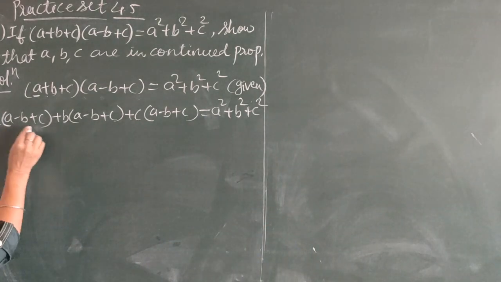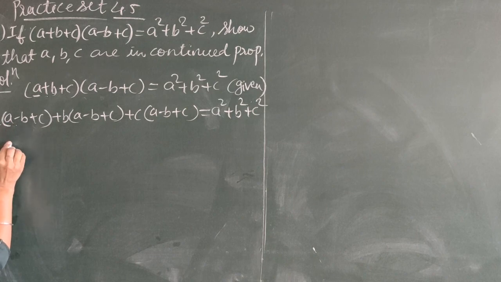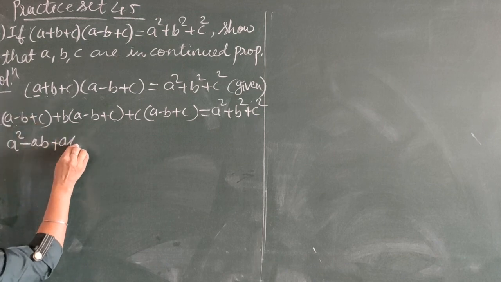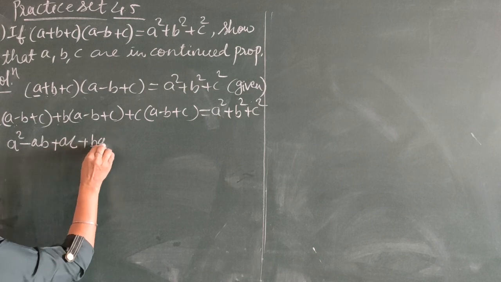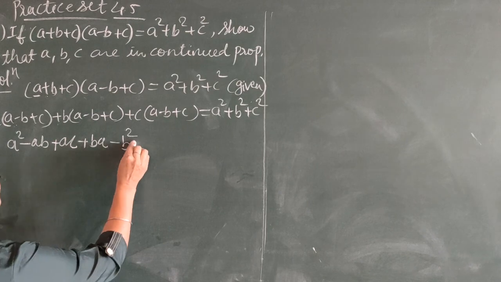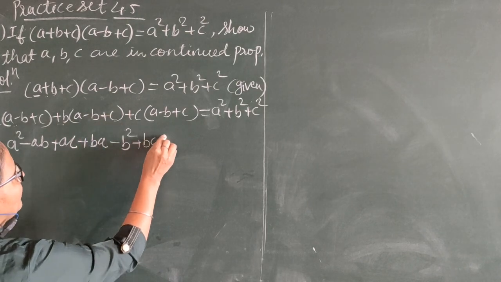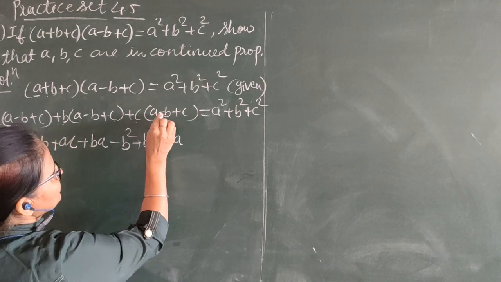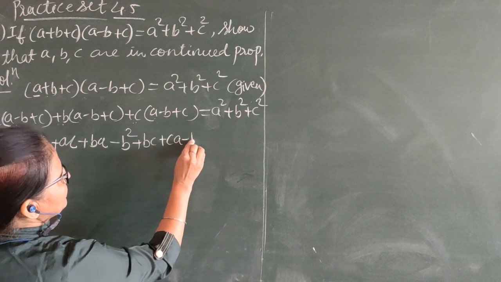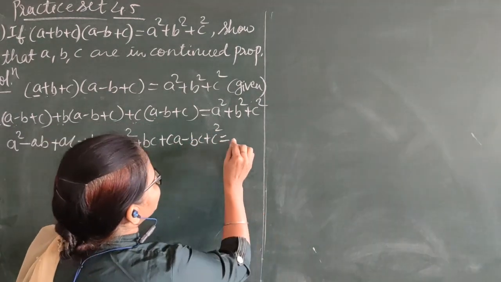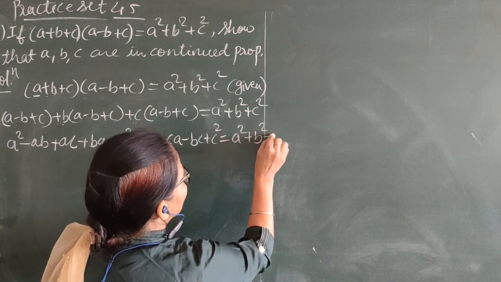Multiply properly: a square minus ab plus ac, plus ba or ab, minus b square plus bc, plus ca or ac, minus bc plus c square, and the right hand side will remain as it is.